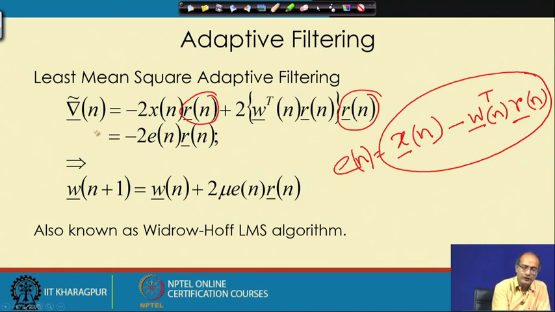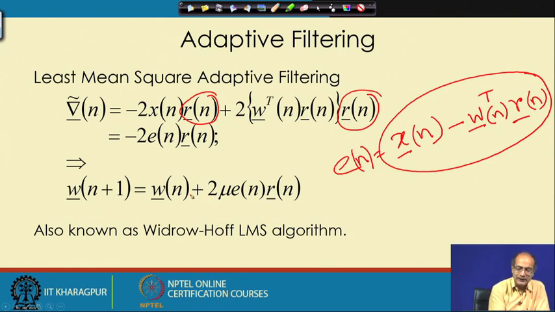Now, replacing that estimate of the gradient, the new tap weight at instant n plus 1 is the previous tap weight, and the minus sign multiplied with this minus gives us a plus twice mu times the error at this instant, e n, times the vector r n, which is the reference signal vector.